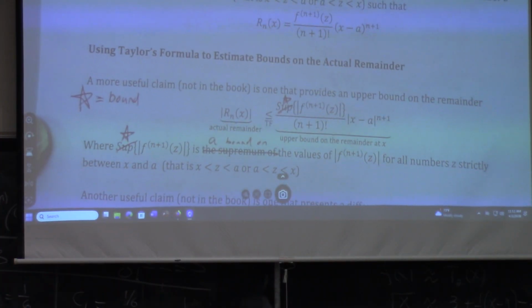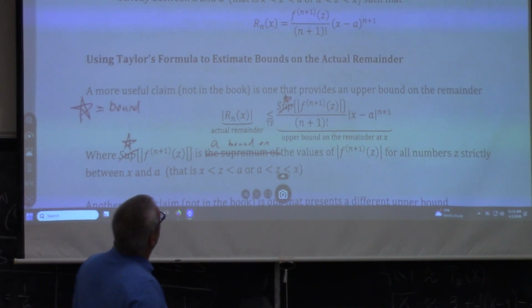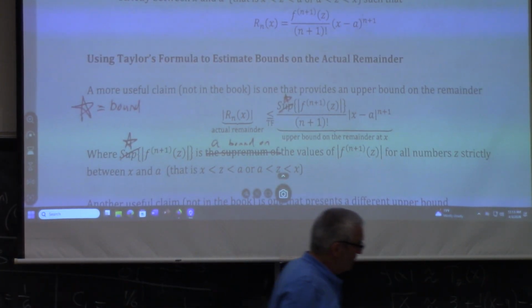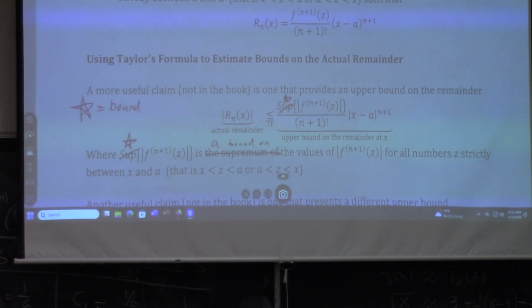It's a mess. So again, we want to get a bound on the actual remainder, and we're going to do it at a particular x value.